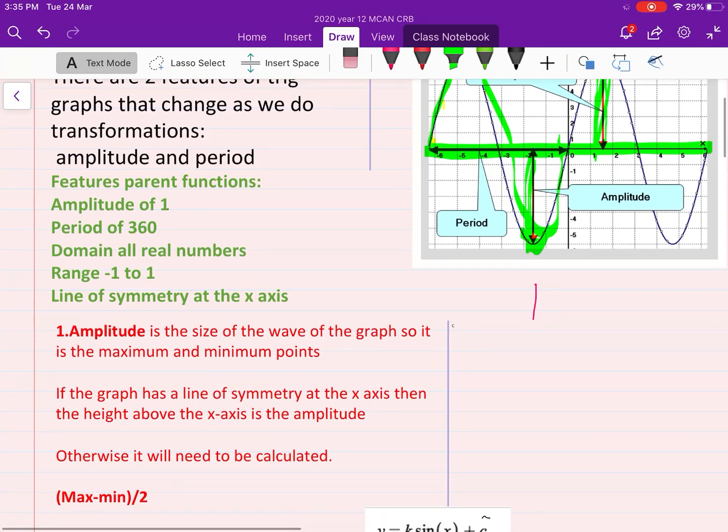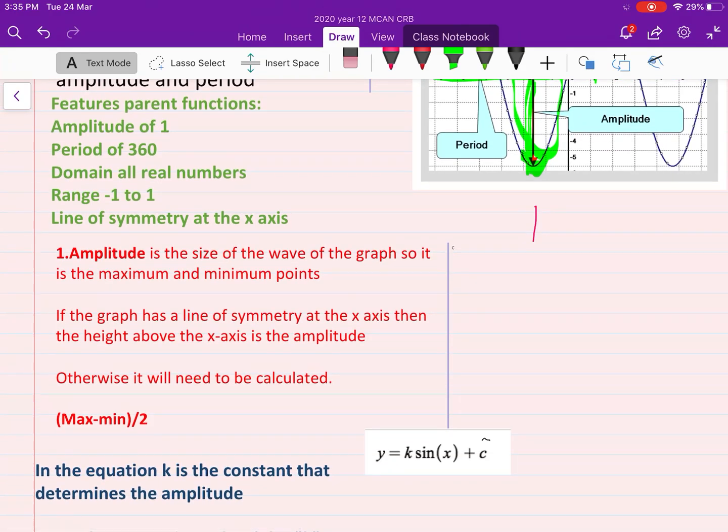Otherwise we'll need to calculate it, and most of the time we have to calculate it. With this little formula, max minus min divided by 2, that's how you calculate the amplitude. So if the max was 1 minus a -1, all divided by 2, that's 1. That's why the amplitude is 1. It's not a negative or a positive, it's just a 1.